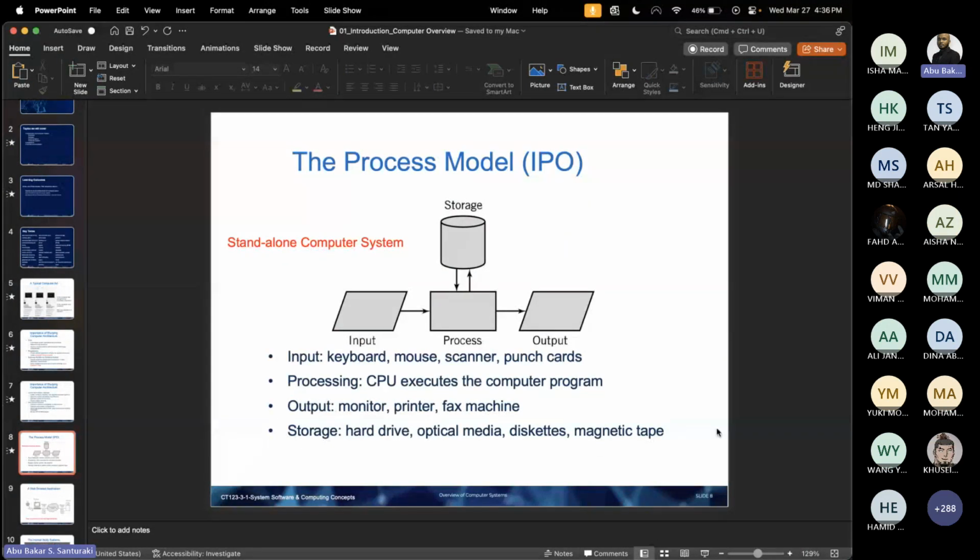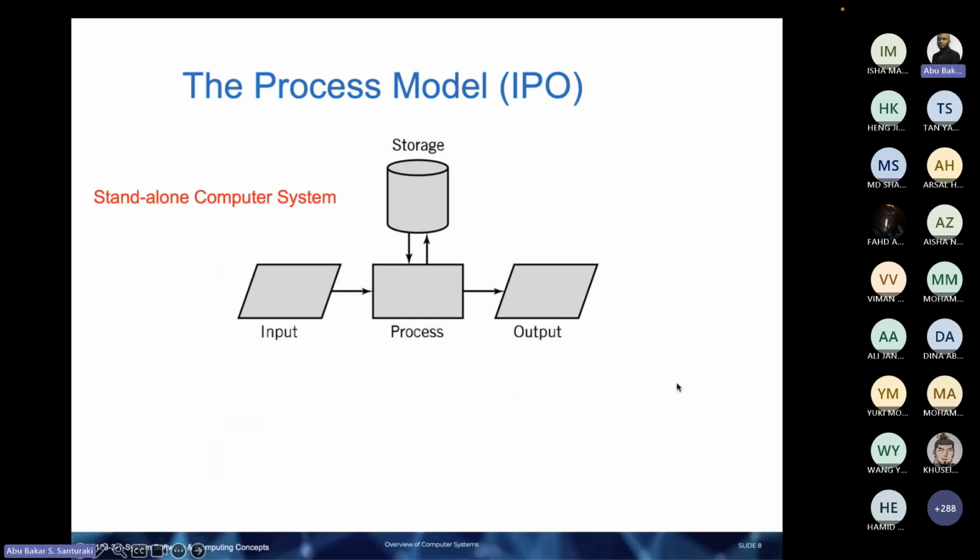So when we discuss the IPO model, which we went into detail just now, we understand now what input process output really means. And why are we studying it? So the input can represent any device that can generate a signal that is fed into a computer.